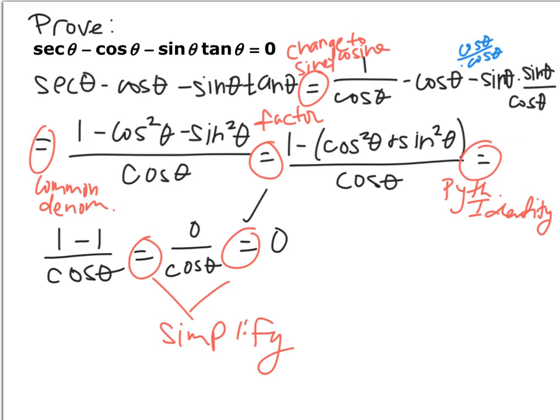So I wanted to make my identity look like something that I can use a Pythagorean identity. So I factored out this negative, so I have 1 minus the quantity cosine squared plus sine squared all over cosine. Well, sine squared of theta plus cosine squared of theta is 1. So now I have 0 over cosine, which 0 divided by anything is just 0.